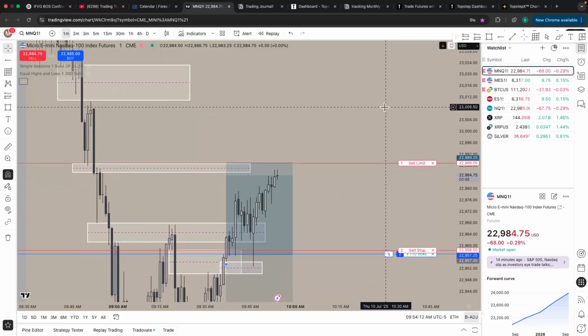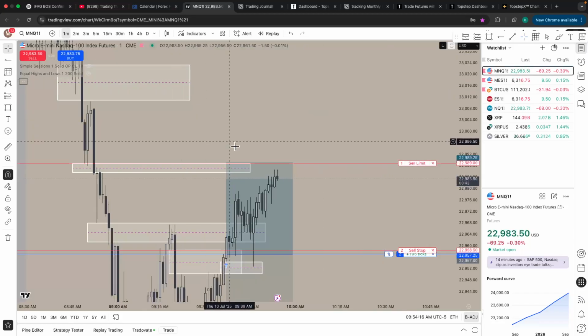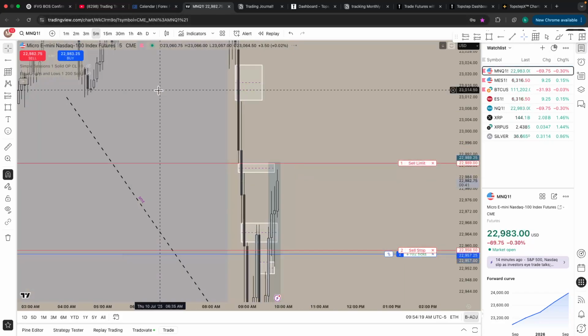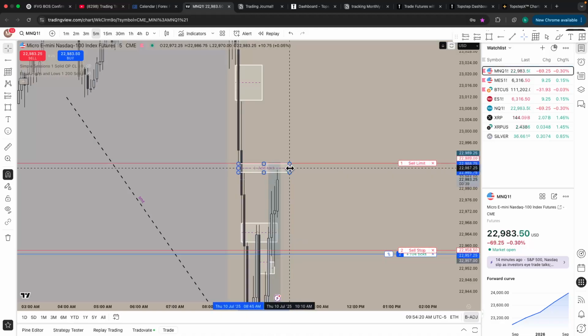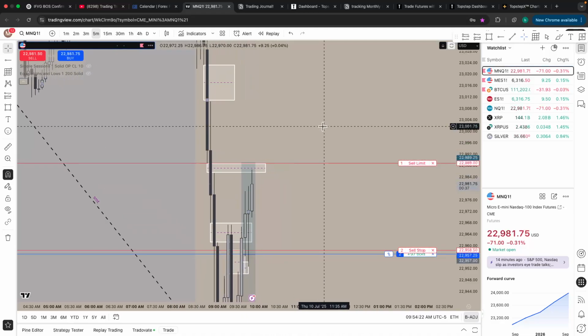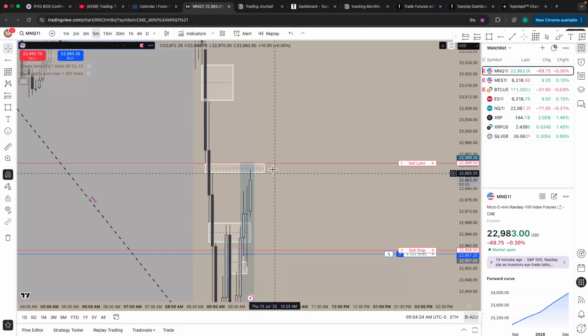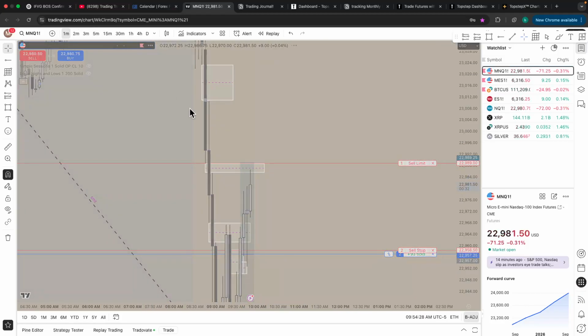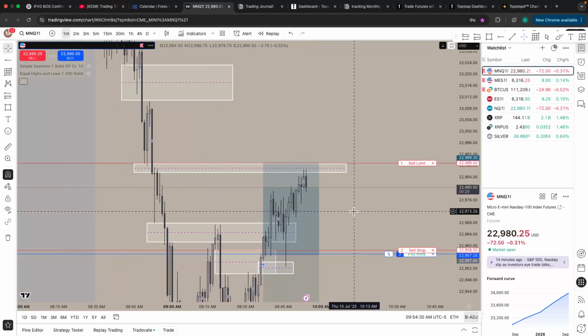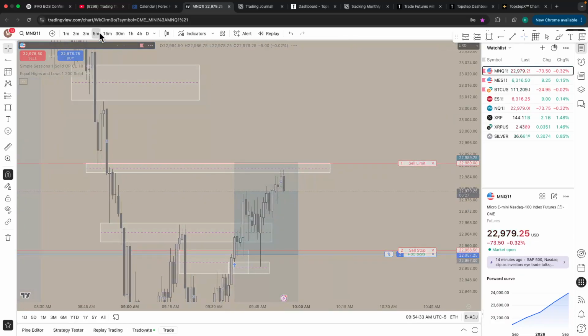Let's not play games here, right? That's another thing we just have to pay attention to here. We're in the 5 minute now. We're filling orders within it, which we could reject out of, which it's looking like, or we could inverse it. Do we have a 5 minute gap?